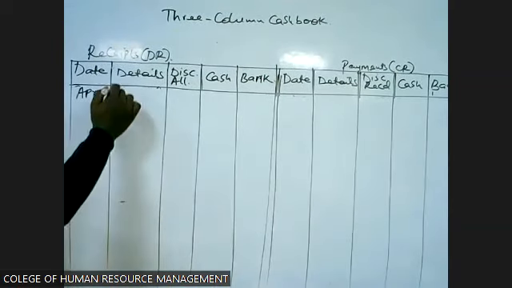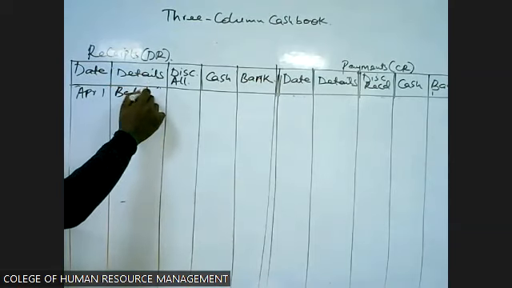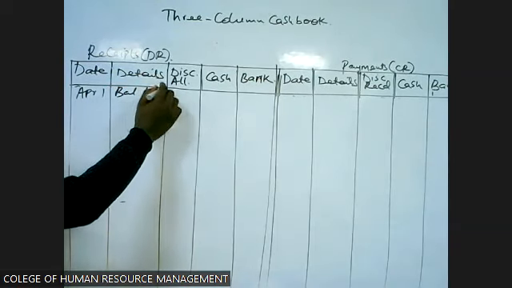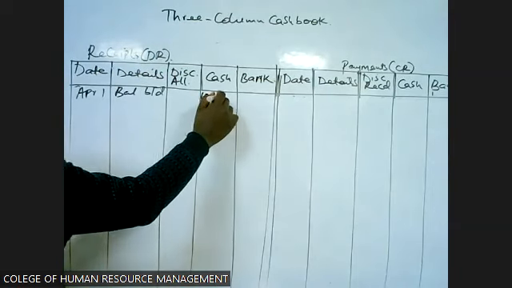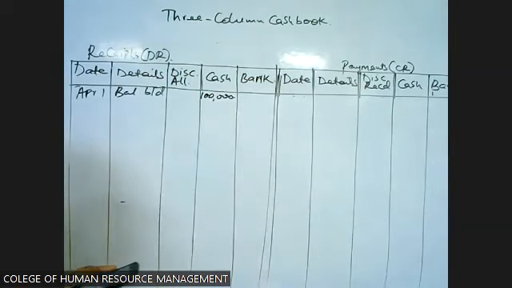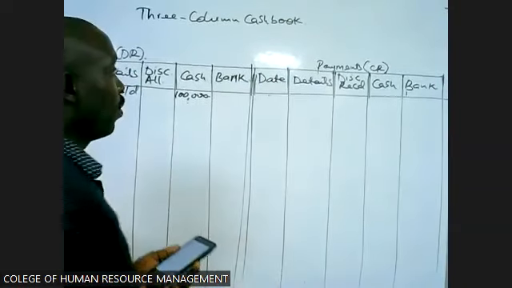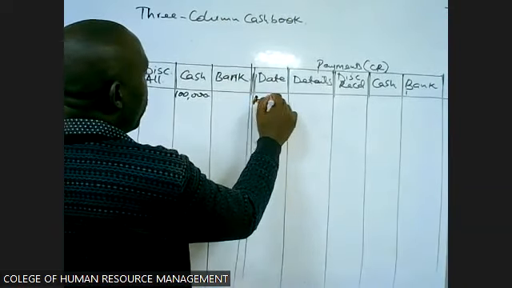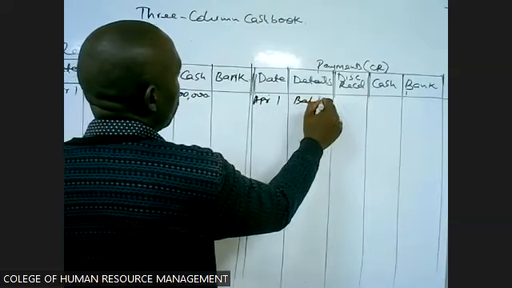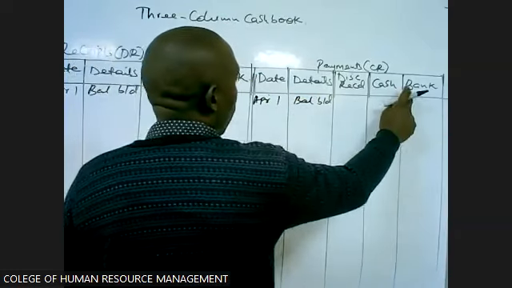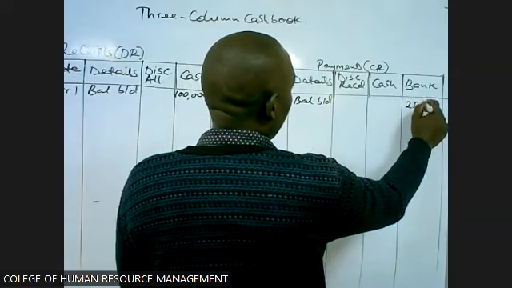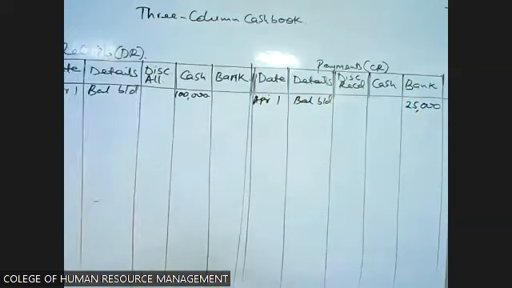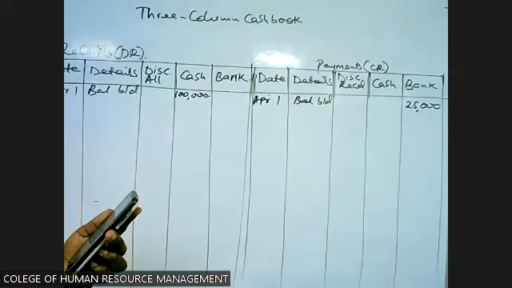For the cash, it is going to appear as a balance brought down. Opening is always brought down. Cash, 100,000. But for the bank it is an overdraft. If it is an overdraft, you write it on the other side as April 1, balance brought down. In the bank column it is a negative 25,000. So it is going to be there. Note that. Overdraft, you put it on the other side.